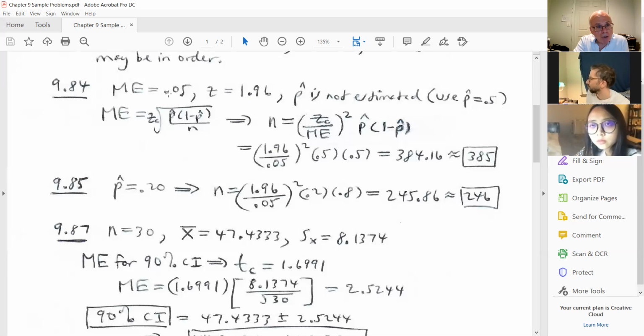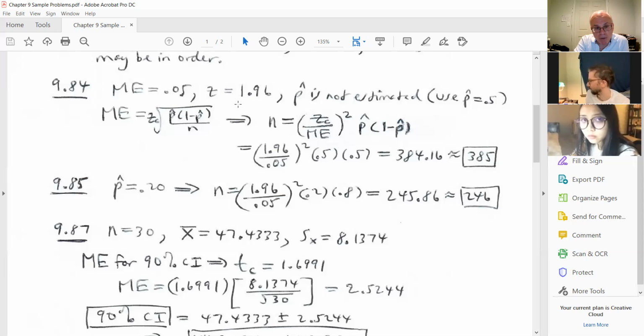So the book says in 9.84, I want my estimate to be within 5 percentage points. Well, this is a proportion, so 5 percentage points means 0.05. You convert that to a decimal. So that's why I have ME equal to 0.05, my margin of error.